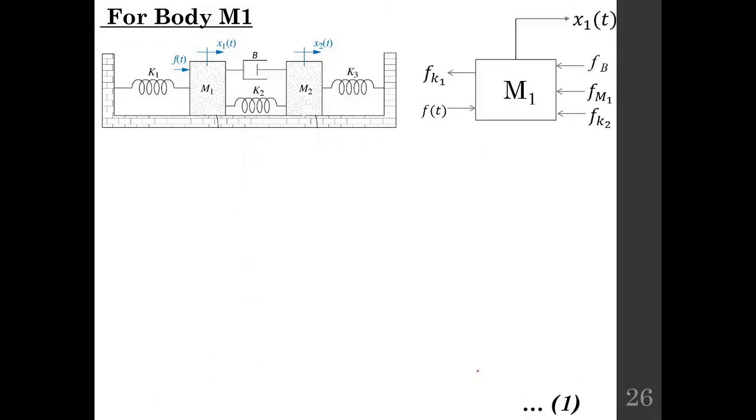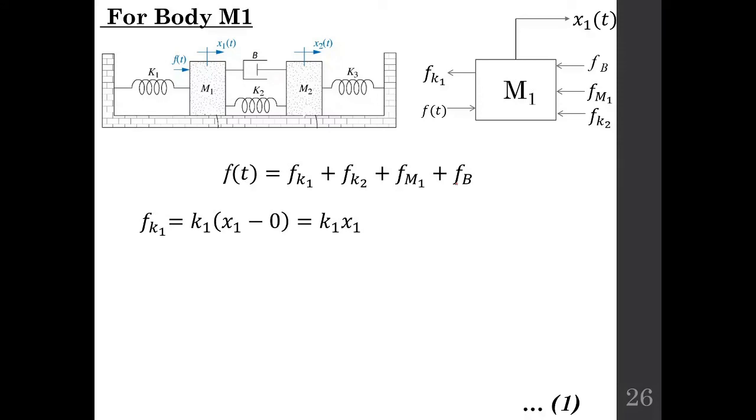Okay, so for body m1, the free body diagram is given here. The equation of motion will simply be f of t is equal to f of k1 plus f of k2 plus f of m1 plus f of b, and the equation for this k1 is equal to, so k1 is connected between this point x1 and this is our zero reference point.